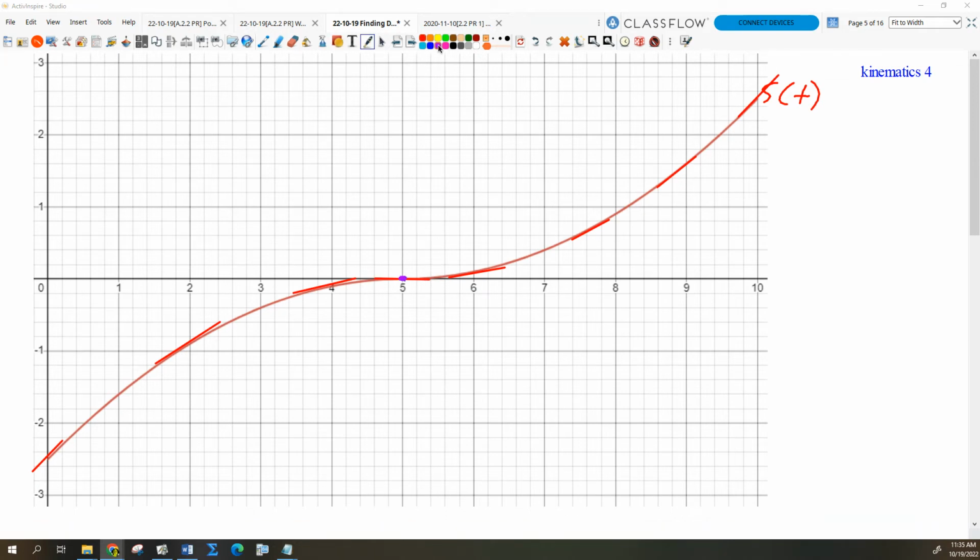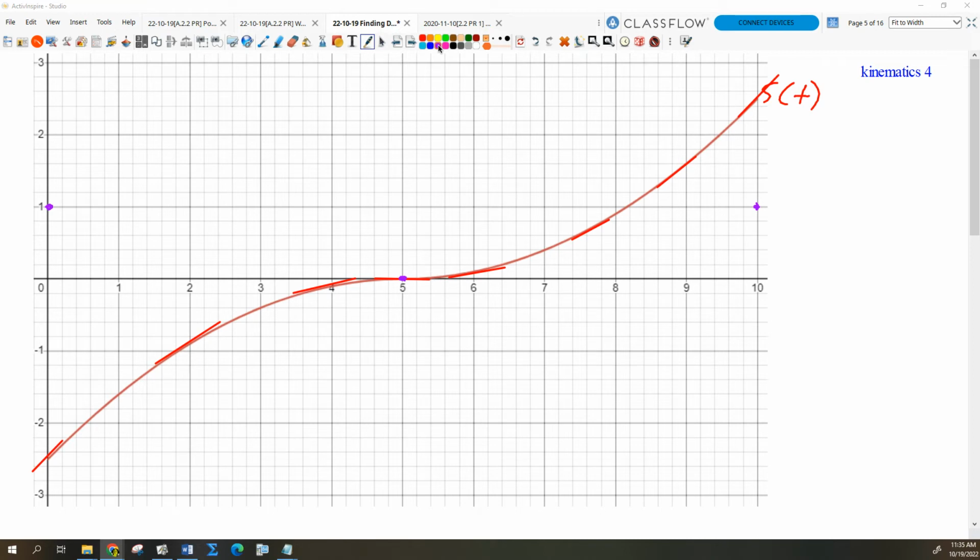I am recording. Thanks. Okay, can you find any other points? We don't need a ton of them. But like, what about at 0 and 10? What would the slopes be there, do you think? Looks like 1 at both places, positive 1. And then what's the slope doing? Doesn't that make sense? The slope is starting off very positive.